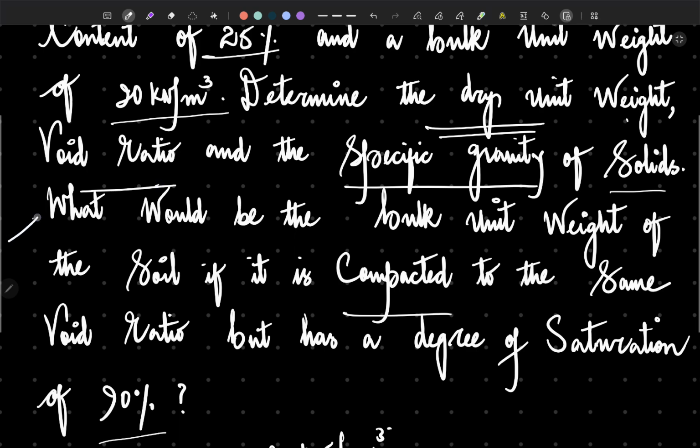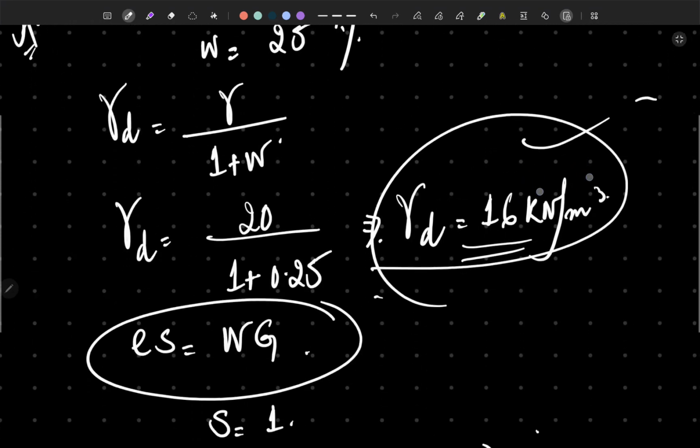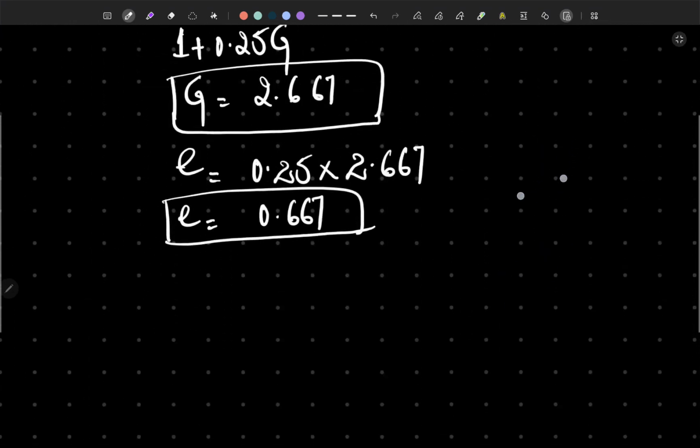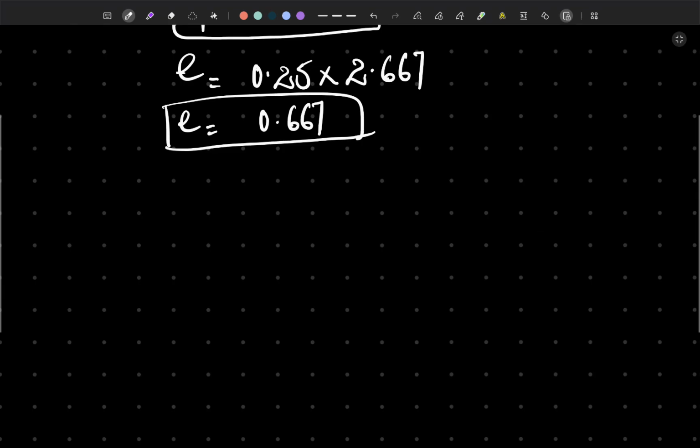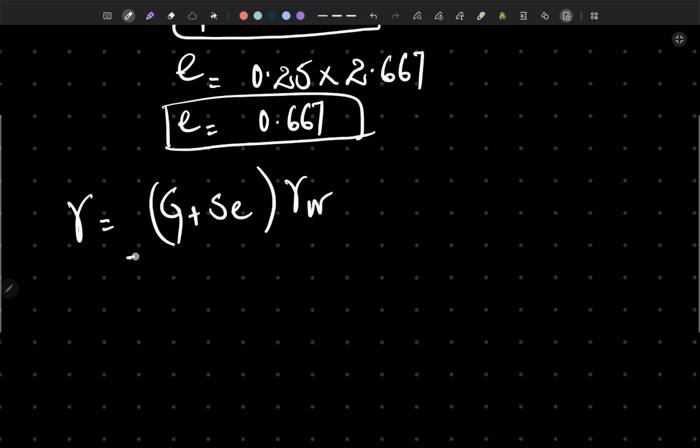Now part 2 of the question says, what would be the bulk unit weight of the soil if it's compacted to the same void ratio but has a degree of saturation of 90%. All right, so let's solve this part of the question. Bulk unit weight is given by this equation, (G plus S e) divided by (1 plus e).